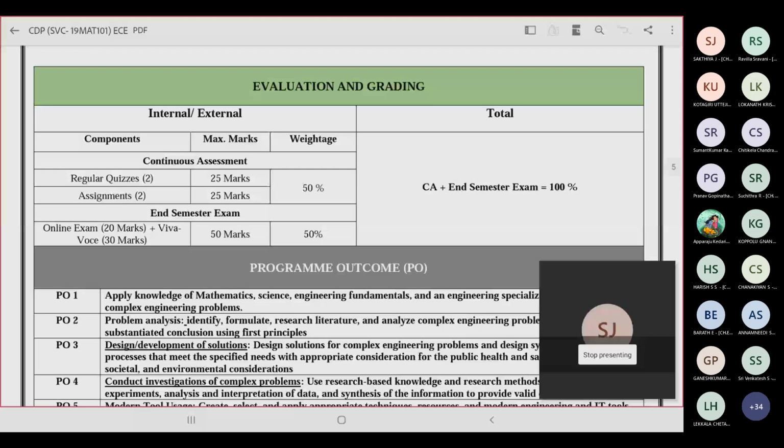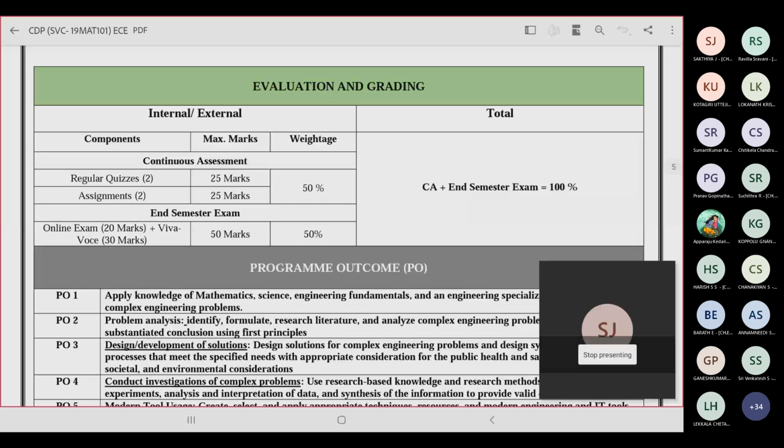Now we are going to classify what we will do inside the 50% internal. Continuous assessment is a part of internal assessment. Inside continuous assessment there are two things: regular quizzes and assignments. There are two regular quizzes and two assignments, of 25 marks total each.